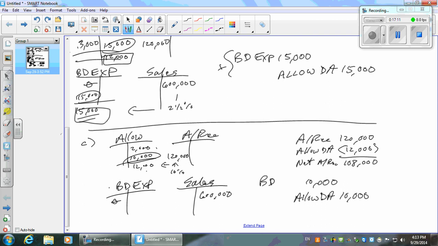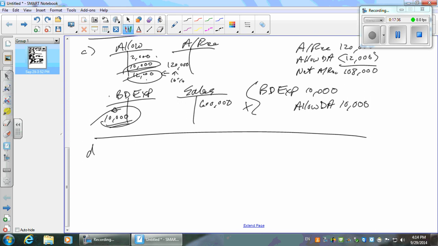Bad debt expense. And so now I've got bad debt expense with 10 in it. That's the answer, right? And I've got an allowance with 12. That's the rest of the answer. If I ask for the journal entry, it'd be that. Okay? It's not hard, is it? They aren't hard. It's fun.